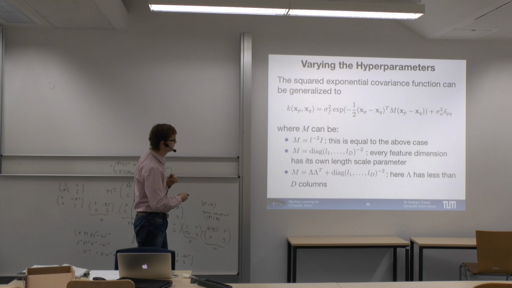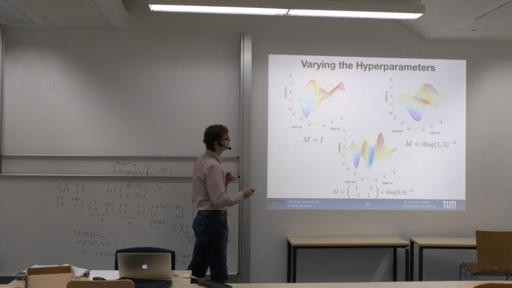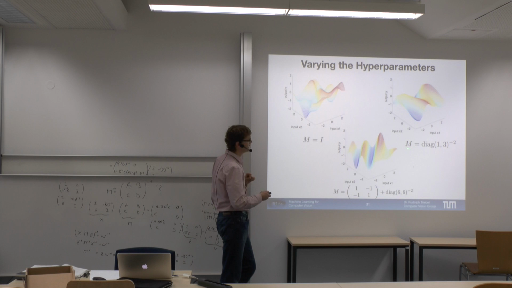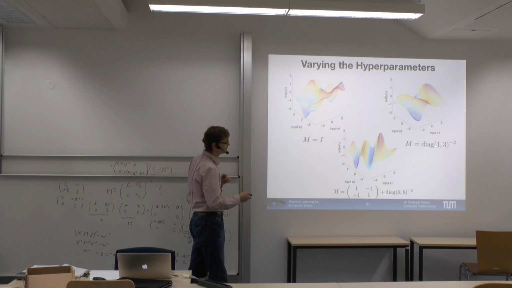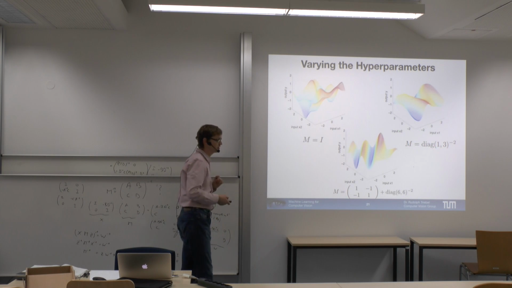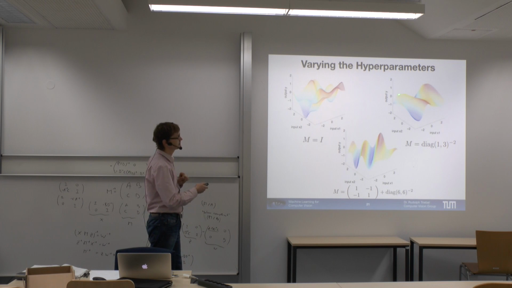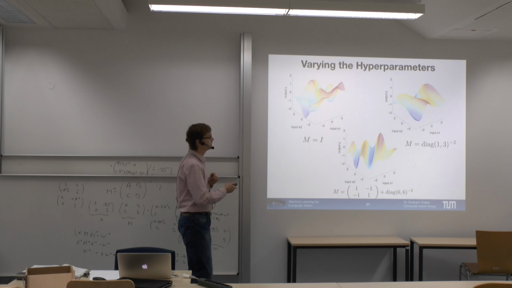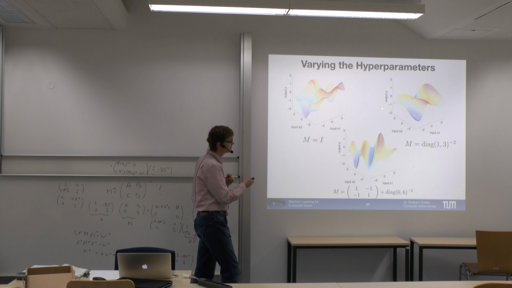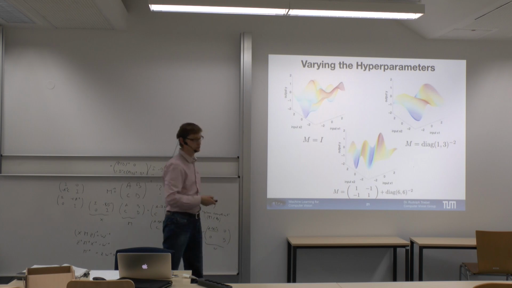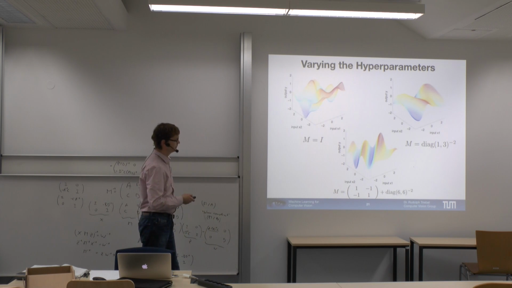We have two feature dimensions here, and this shows you the sampled output, right? The GP output here. If you use a diagonal matrix where you have different values for every feature dimension, then you see that there's a higher correlation between data points in this direction than in this direction, right? So it's smoother along the x2 axis than along the x1 axis, because the length scale is higher. This is the length scale in x2, and this is the length scale in x1.